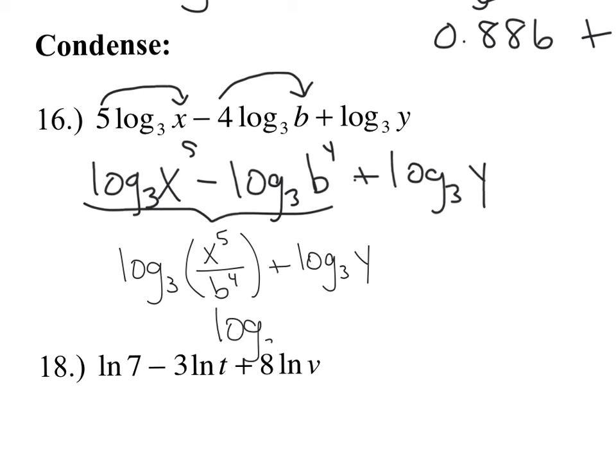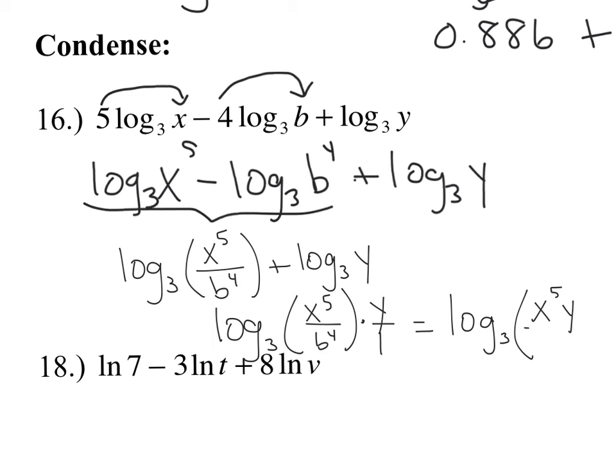So log base 3, and you're going to multiply x to the 5th over b to the 4th, times y. Remember, when you multiply by y, you're essentially multiplying by y over 1. So we're going to multiply these two fractions to get just one single fraction. So you'll have x to the 5th times y divided by b to the 4th.